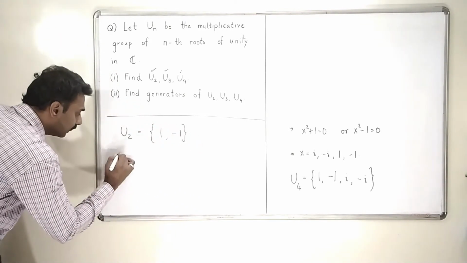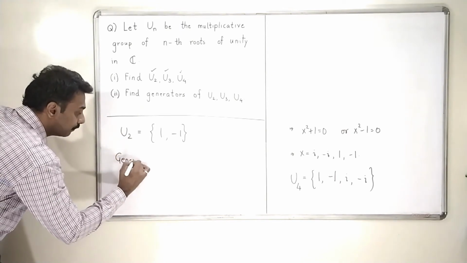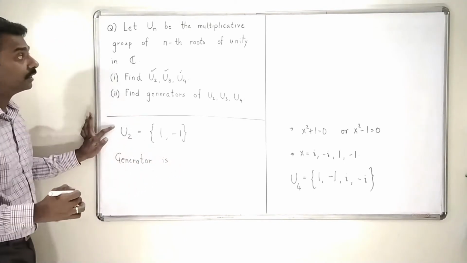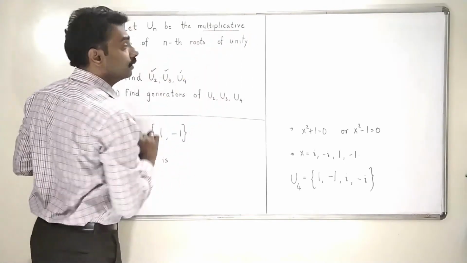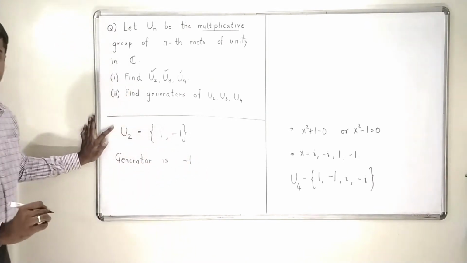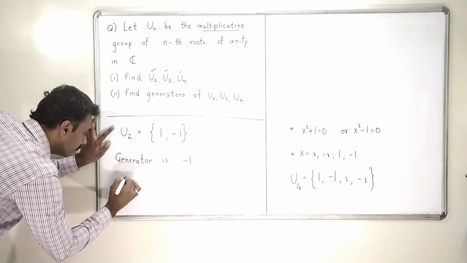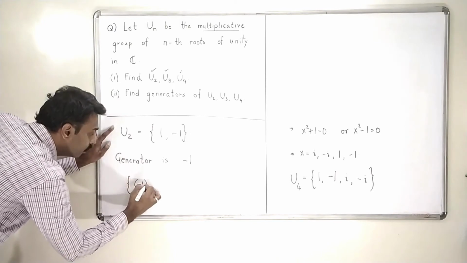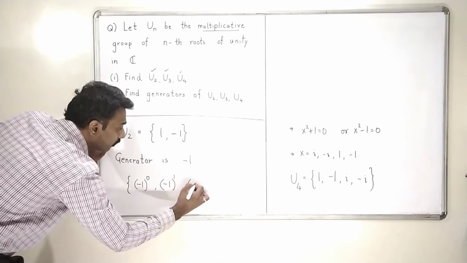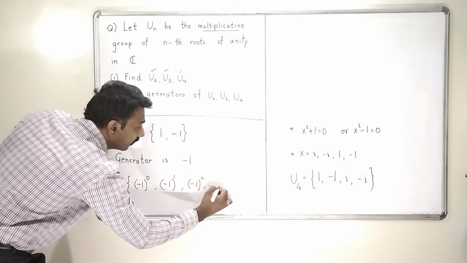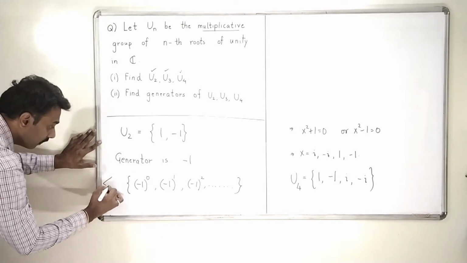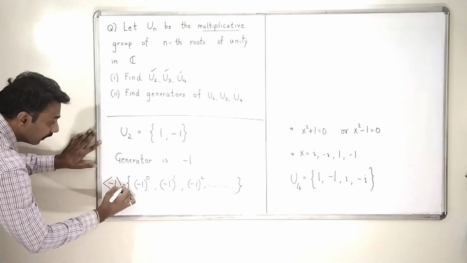The generator of this group with respect to multiplication is minus 1. Correct? Why? Because minus 1 raised to 0, minus 1 raised to 1, minus 1 raised to 2, these are all the powers of the generator. So this is generated by minus 1.